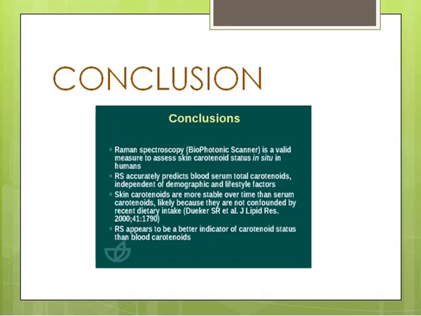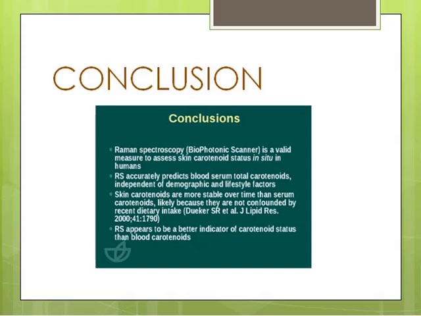In conclusion, Raman spectroscopy is a valid measure to assess skin carotenoid status in situ in humans. RS accurately predicts blood serum total carotenoids independent of demographic and lifestyle factors.